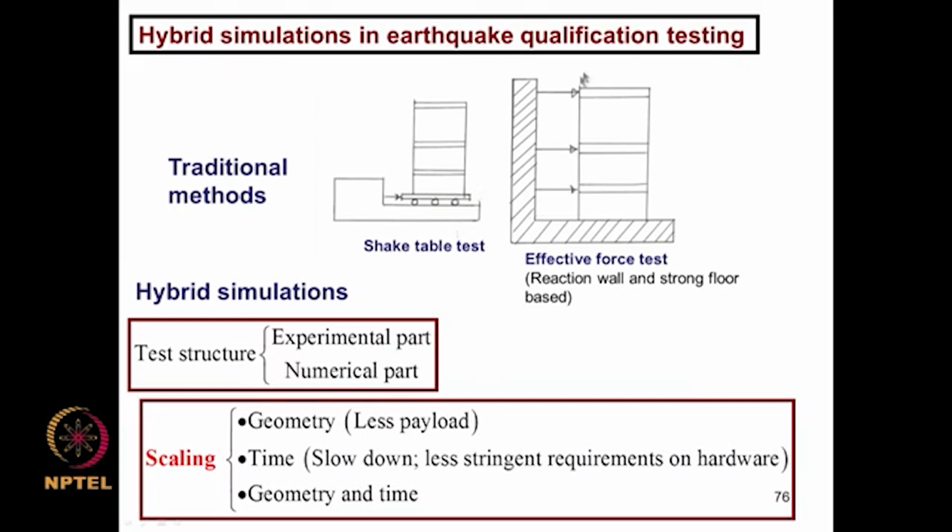On the other hand, in effective force testing this limitation is overcome to some extent, but still the dimensions of the structure to be tested are governed by the dimensions of the reaction wall system. Now, in hybrid simulations what we do is we divide the test structure into an experimental part and a numerical part, and we try to avoid scaling either of time or of geometry to the extent that is possible.